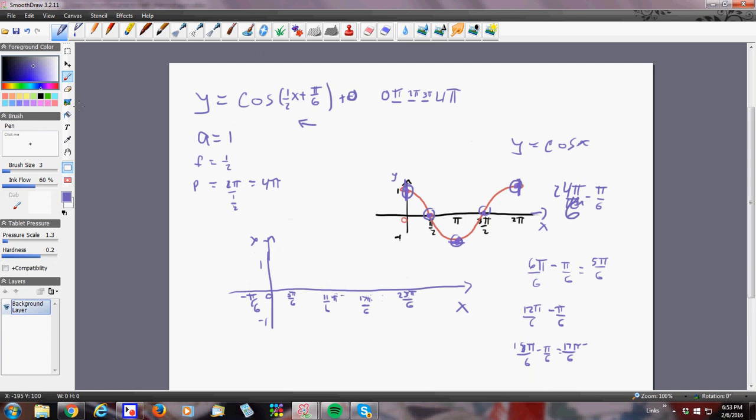Now, I'm ready to graph. Cosine usually starts at +1. My amplitude is 1. My vertical shift is non-existent. So there's the first one. It'll hit 5 pi over 6 down there. Down here is going to be my minimum value, -1 at 17 pi over 6, at 23 pi over 6.